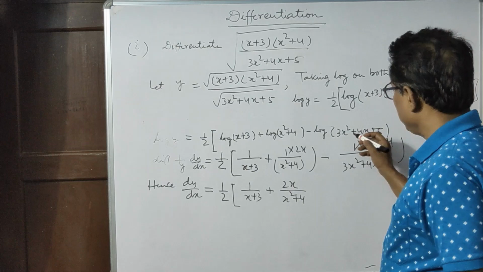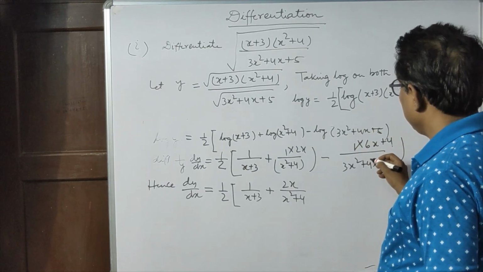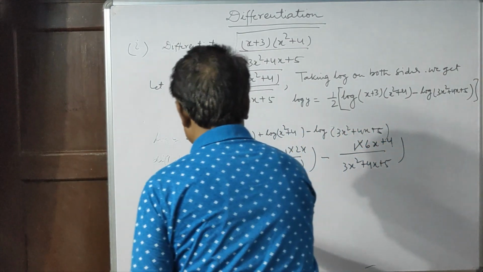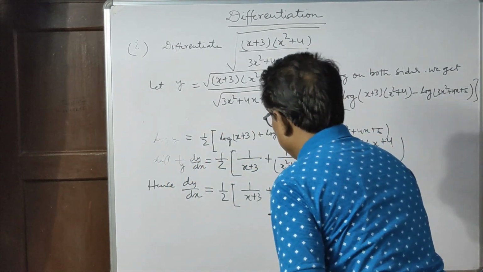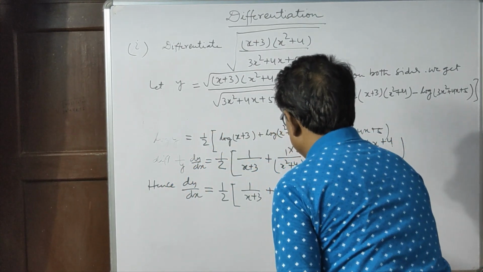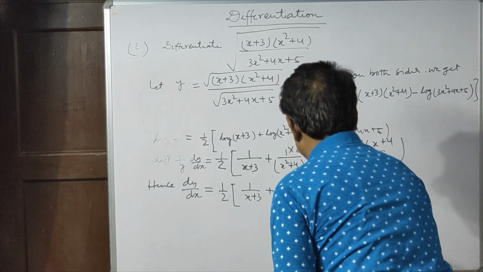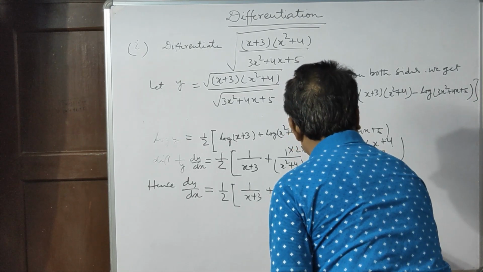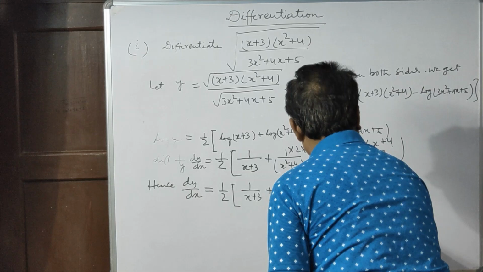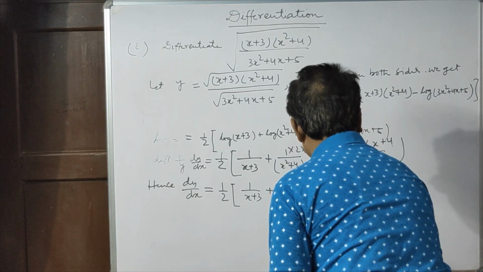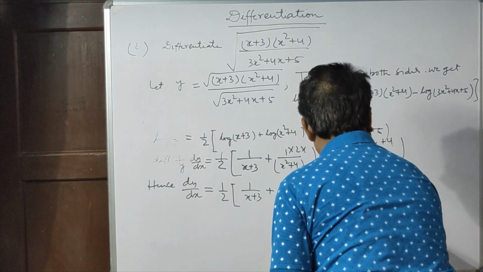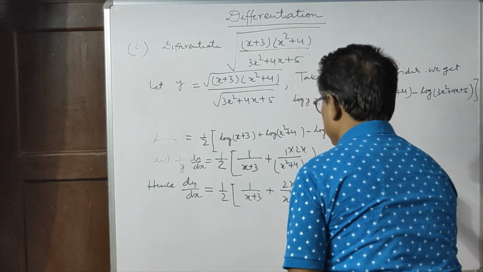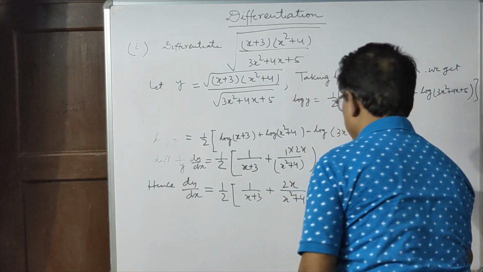So finally dy by dx is equal to 1 by 2 into 1 by x plus 3 plus 2x by x square plus 4 minus 6x plus 4 divided by 3x square plus 4x plus 5. This is the answer.